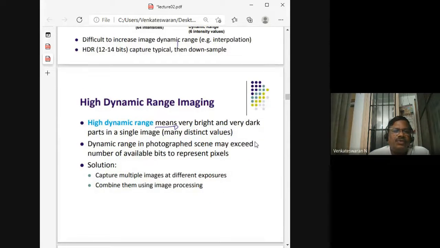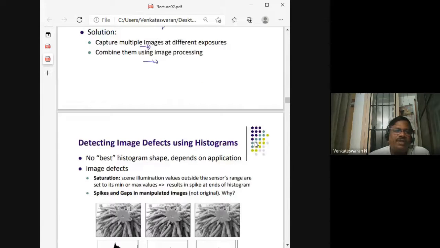Of course, for a high dynamic range image, you should be able to use a lot of bits to represent pixels. To obtain a high dynamic range image, you have to do some image processing. You capture multiple images at different exposures and combine them together, and then you get what is called high dynamic range imaging.